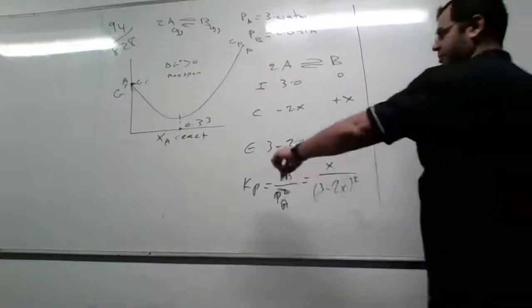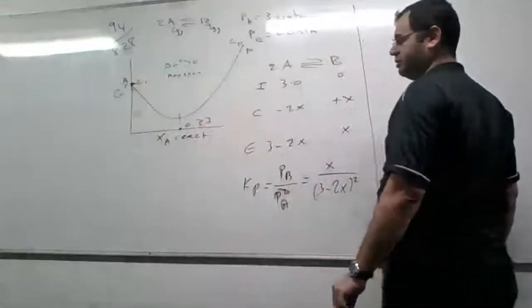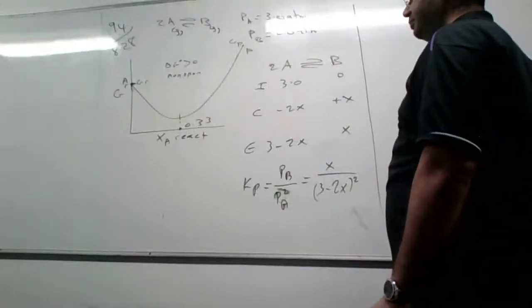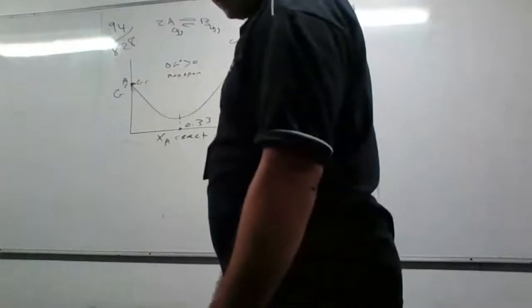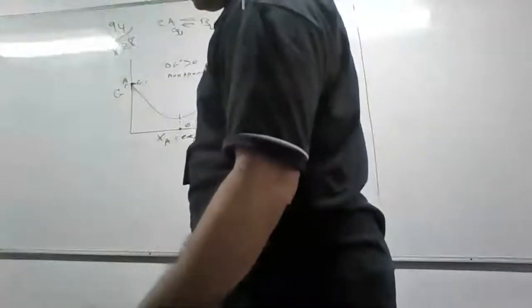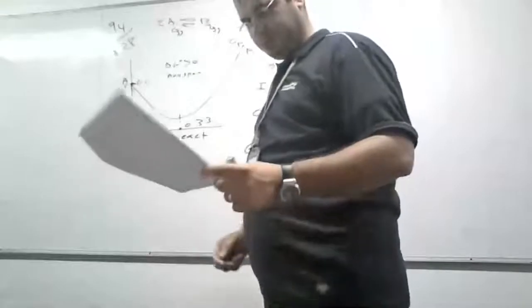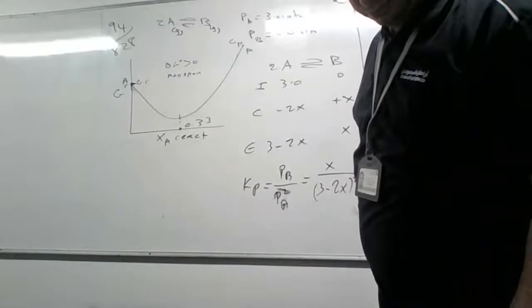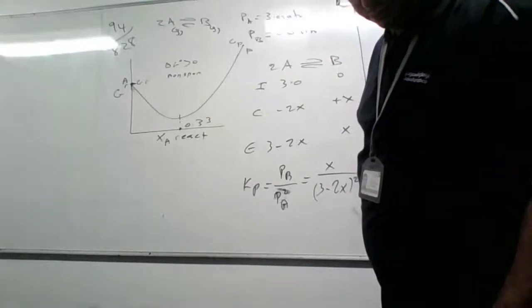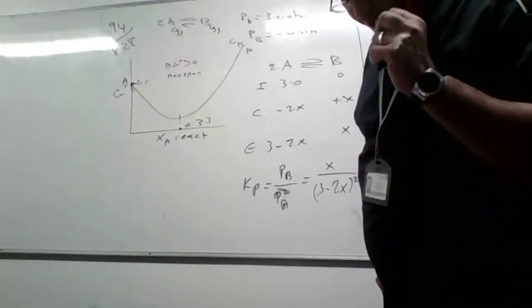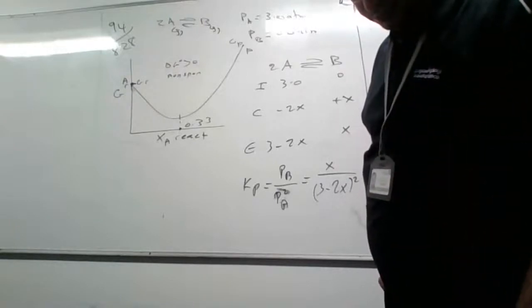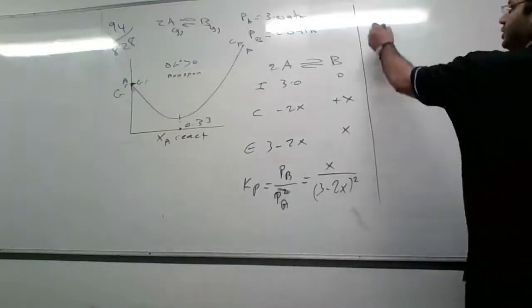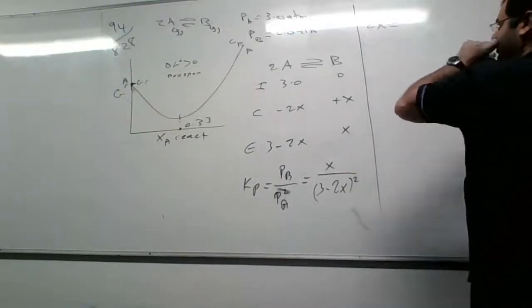So the part dissociated is how much here, Shabab? 0.33, صح؟ Then I have x equal what, Shabab?